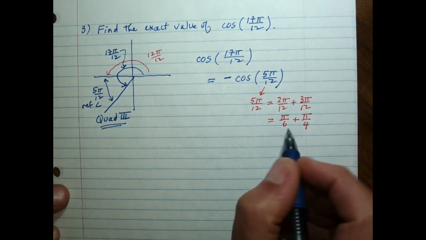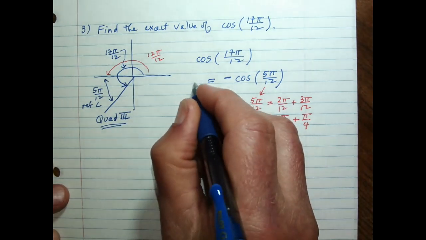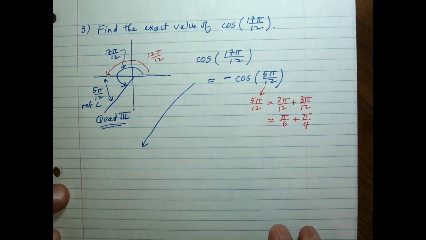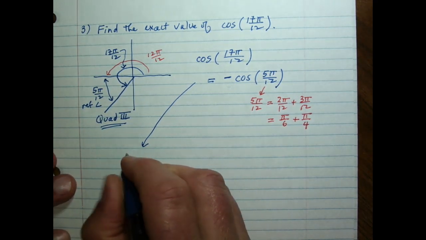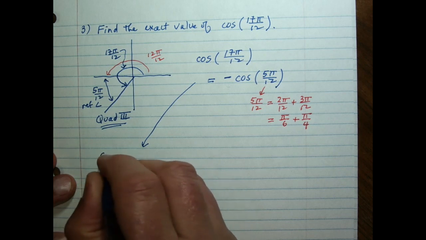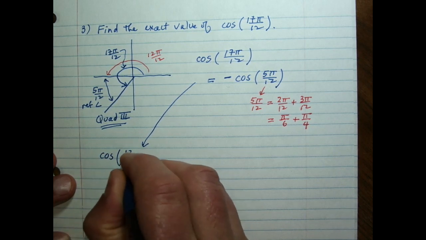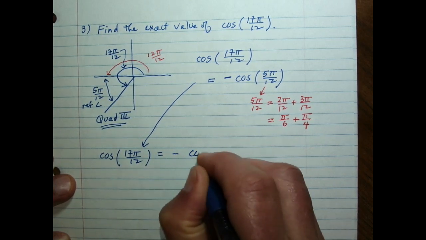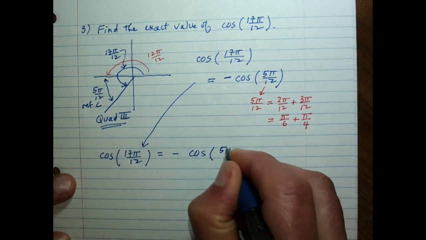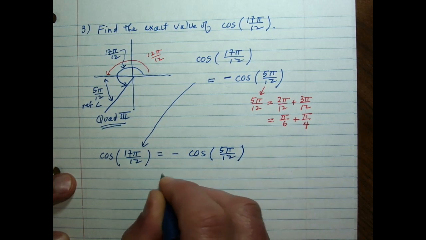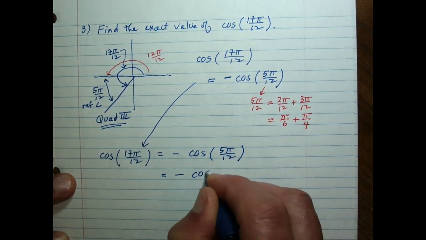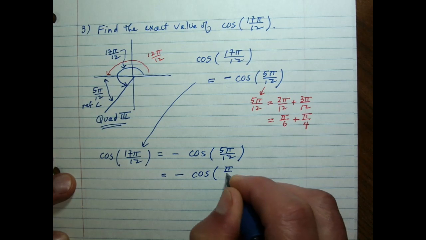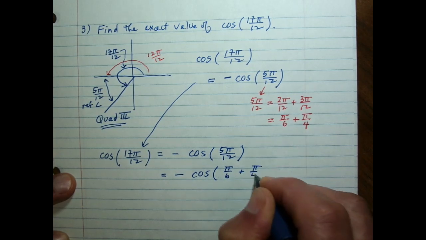And again, if this radian analysis is just driving you crazy, go ahead and convert to degrees. There's nothing wrong with working this problem out in degrees. I just want to give myself some more room here. So cosine of 17 pi over 12 is equal to minus cosine of 5 pi over 12, which is minus the cosine of pi over 6 plus pi over 4.